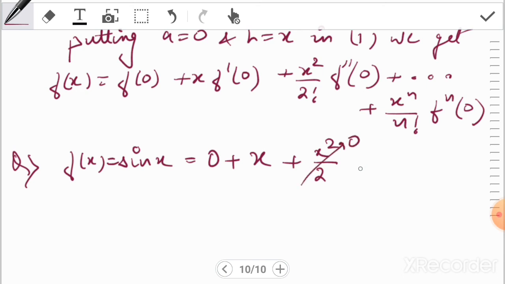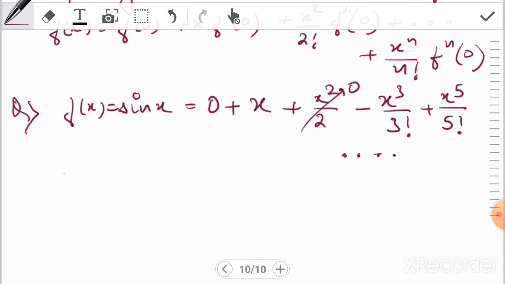Again you will get minus x cube by 3 factorial, okay, so you will get like this, and then x raised to the power 5 by 5 factorial. So this is an important series.